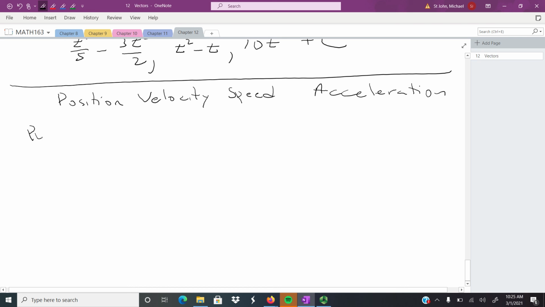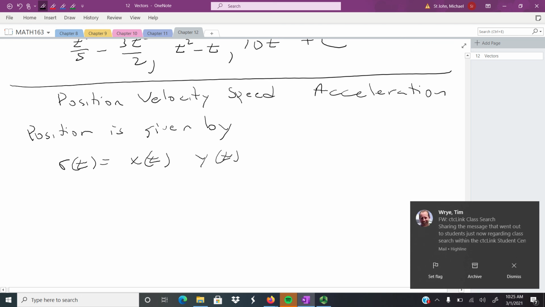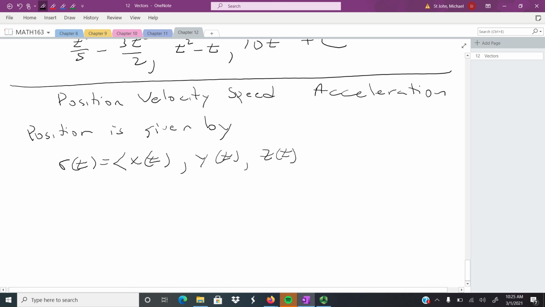So let's say the position is given by r of t equals x of t, y of t, z of t, and t is greater than or equal to 0.